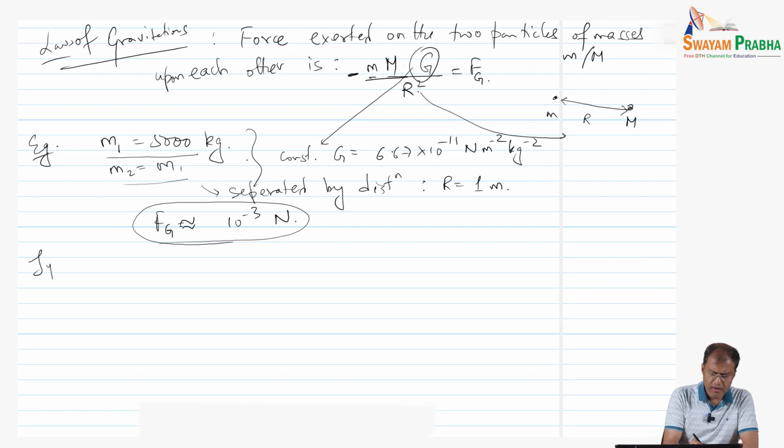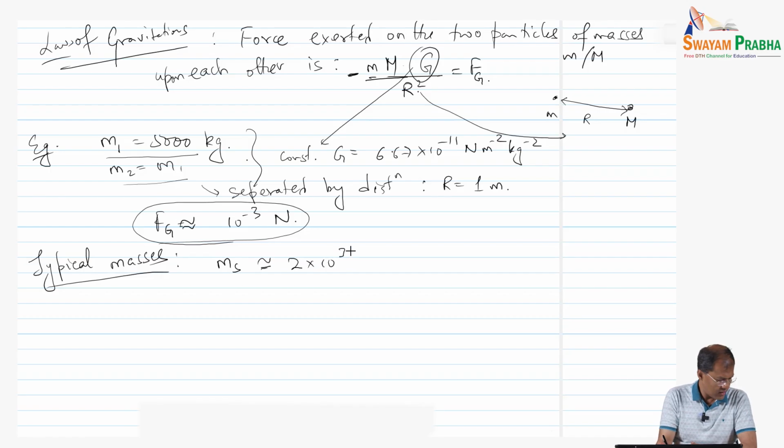So typical masses are, let's say, the mass of the Sun, which is roughly equal to 2 into 10 to the power 30 kg, right? And then if we plug these sort of masses, we are going to get sizable values of the gravitational force, right?